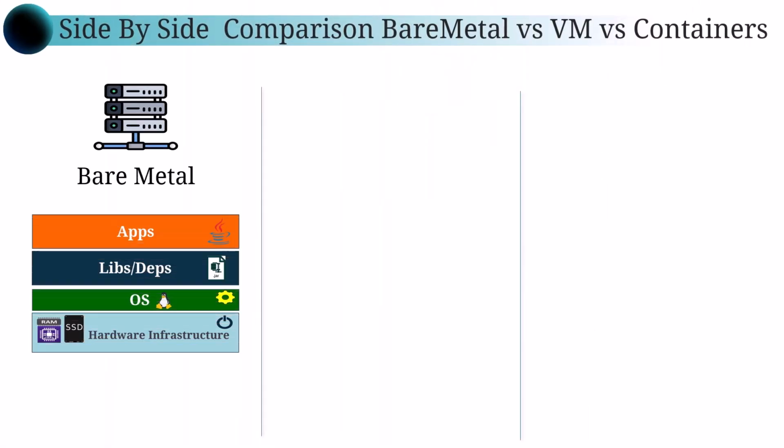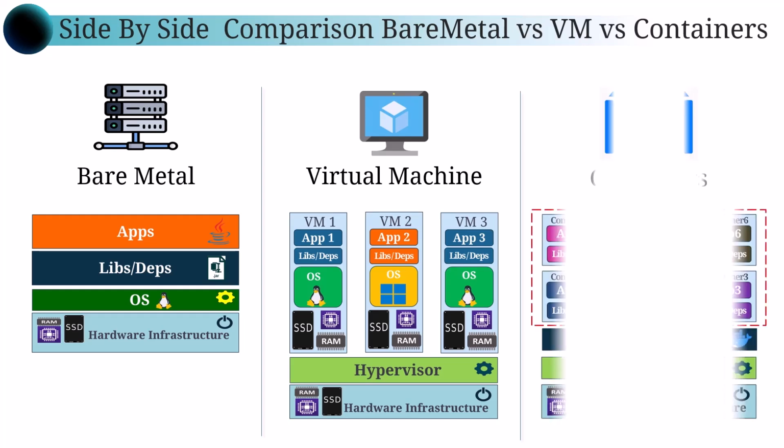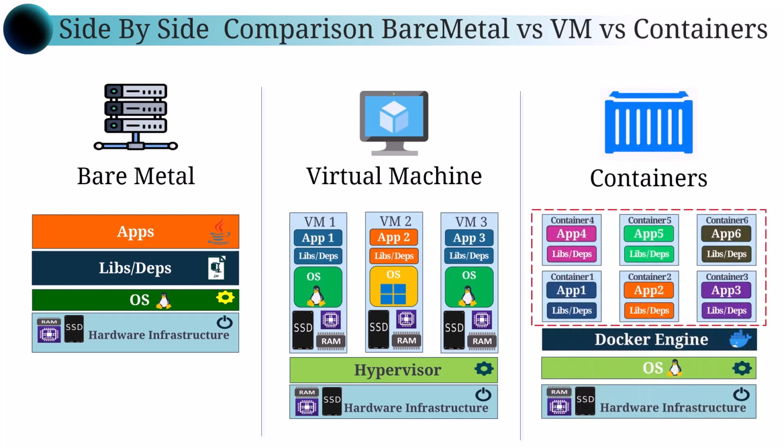Let's do a side-by-side comparison of bare metal versus VM versus containers. In bare metal, one operating system is installed on the hardware. In virtual machines, the hypervisor is installed on the hardware. The hypervisor installs multiple VMs with different operating systems, and each VM has its own applications running on it.